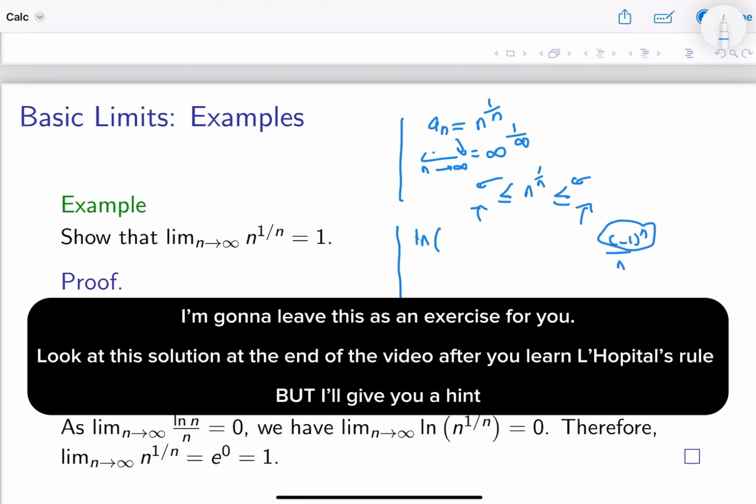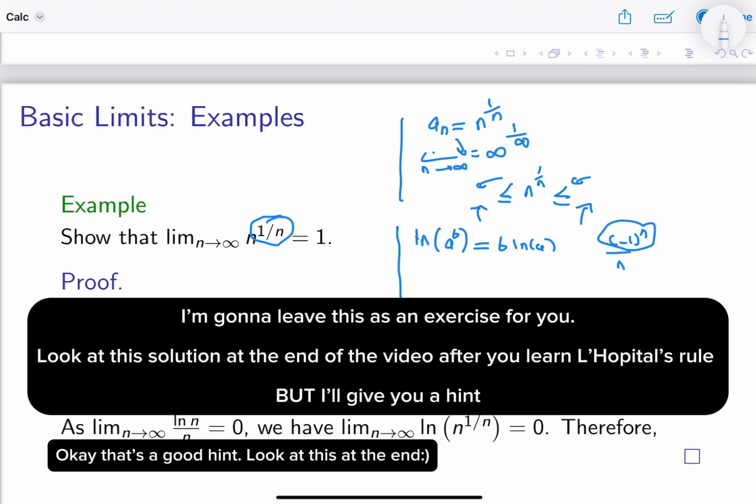If you take the ln of a to the power b, then this is the same as b times log of a, right? Since this power is annoying, we want to apply the logarithm to it, because this would simplify the way of getting the limit.